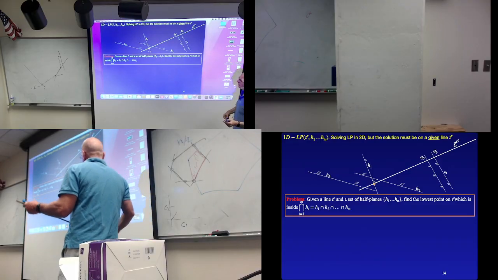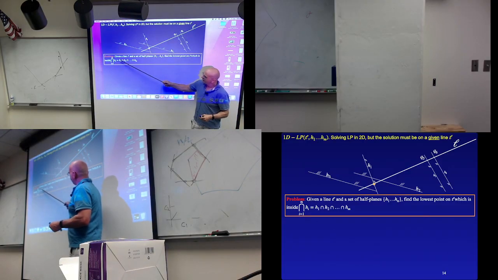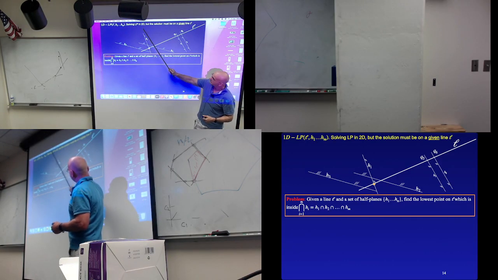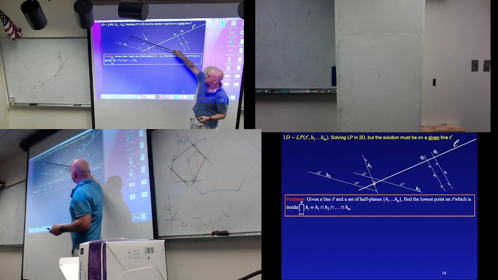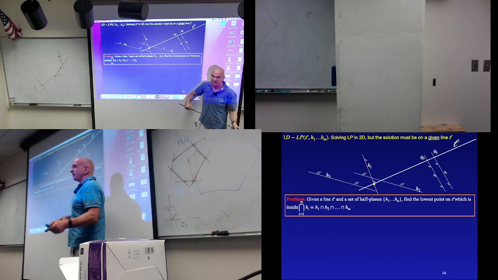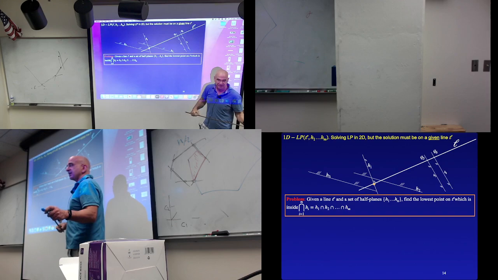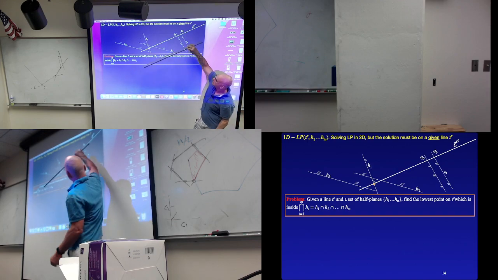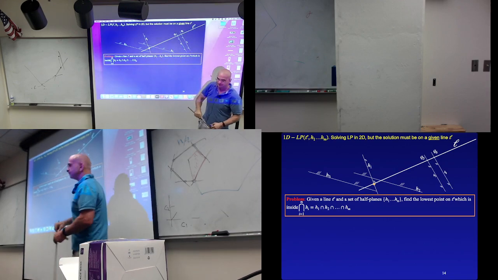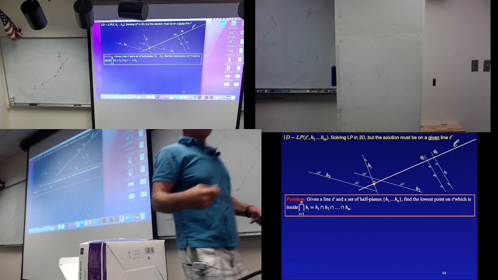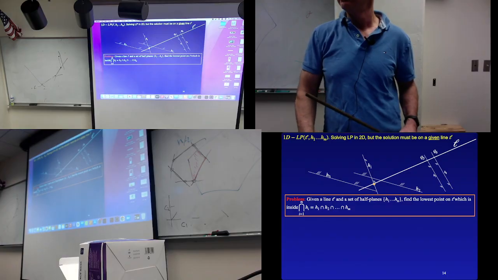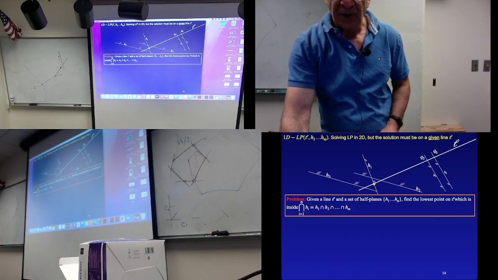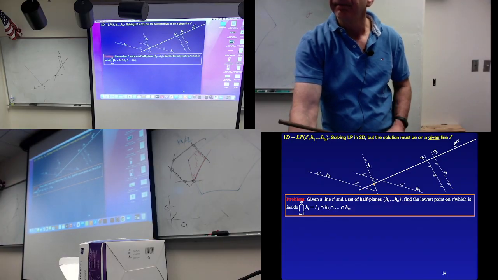Or in other words, I'm looking for the intersection of all these half planes, not algorithmically, conceptually. I'm looking at the intersection of all these half planes, and I'm looking for a point that must be in this intersection, but must also be on the line L. And I want to convince you that that is exactly the problem that you saw one slide ago, just with many more notations.